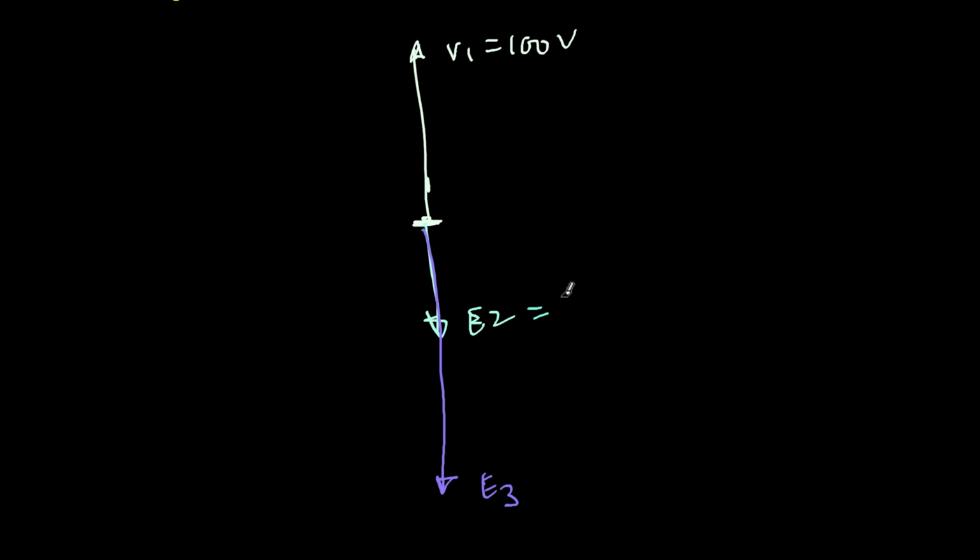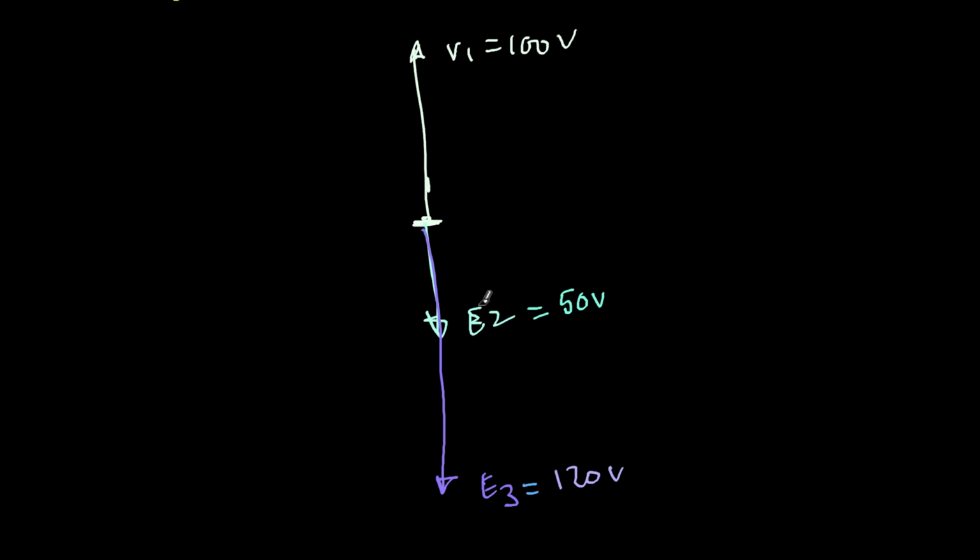E2 is 50 volts, whereas E3 is 120 volts as I recall. So that's why I draw E3 slightly larger.